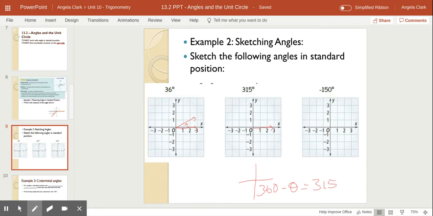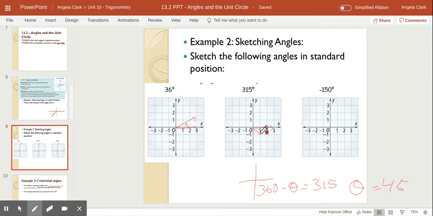So if you have to write that out, that's fine. But that's what's going to end up happening: 360 minus 315 to find my reference angle. So my reference angle is 45 degrees. Theta equals 45. So again, 45 degrees is halfway. So this one I actually can be very specific.